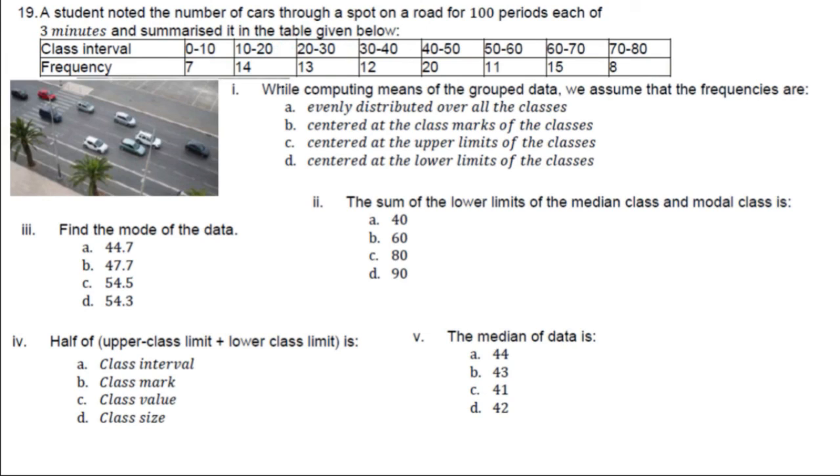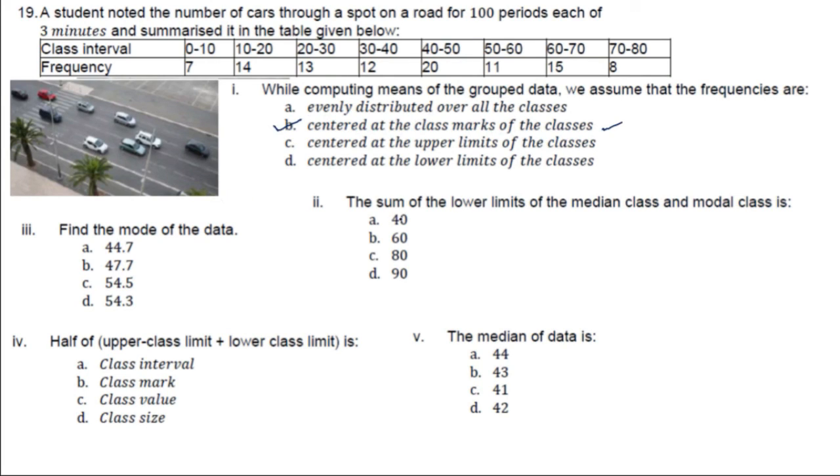Now we have to answer these questions. While computing means of group data, we assume that the frequencies are centered at the class mark of the classes. So the right answer is centered at the class marks.